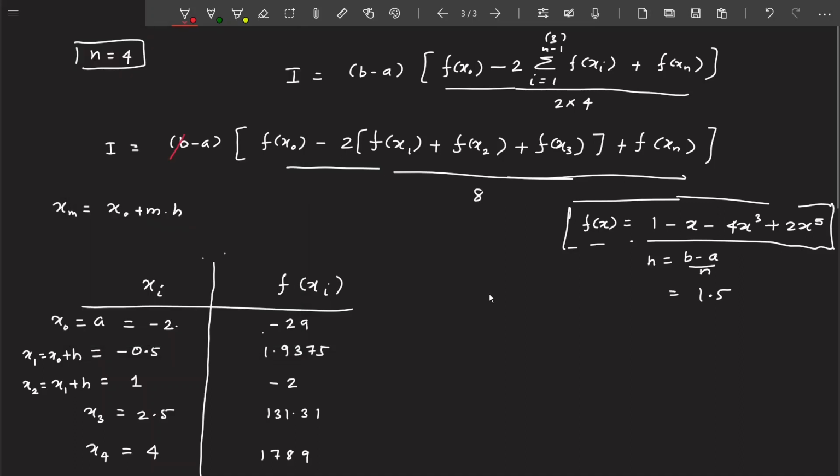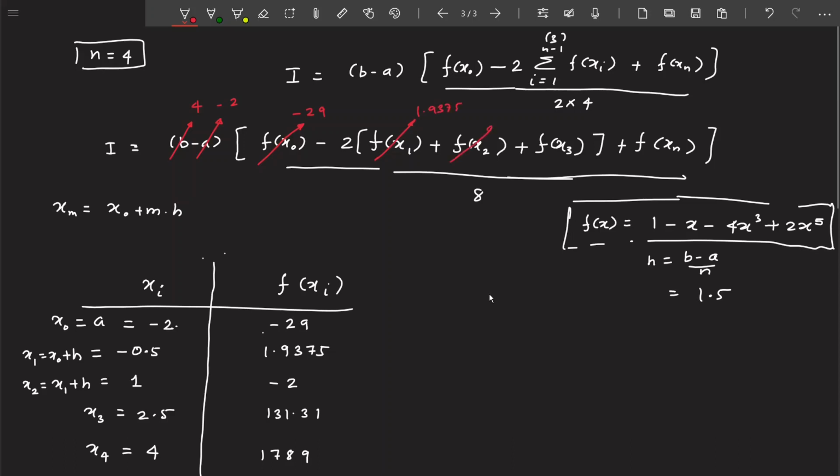Okay, so now what we are going to do is substitute these values in this equation. So what is the value of b? It's 4. What is the value of a? −2. What is the value of f(x0)? It's −29. What is the value of f(x1)? It's 1.9375.